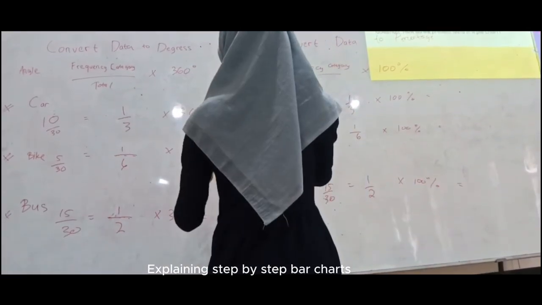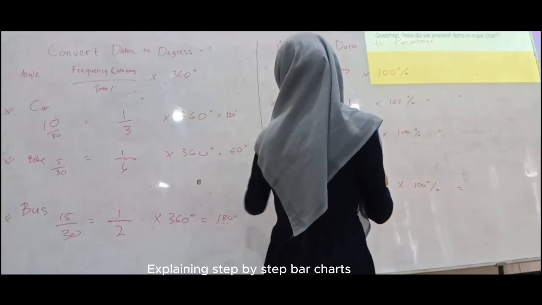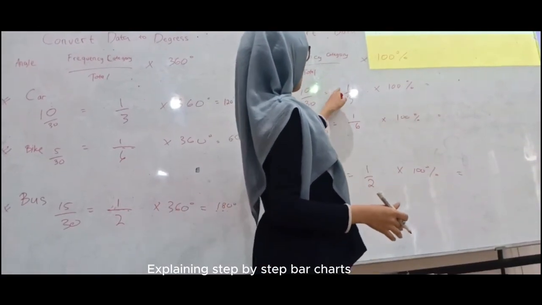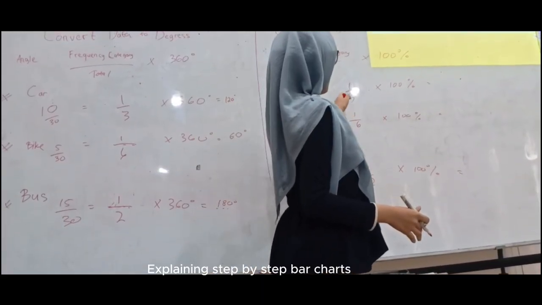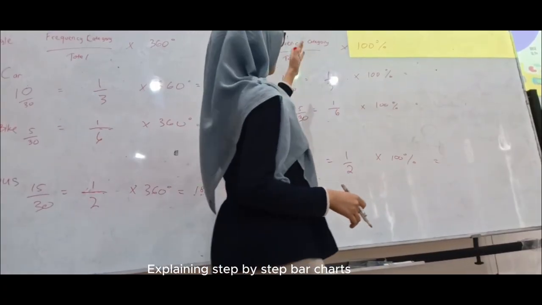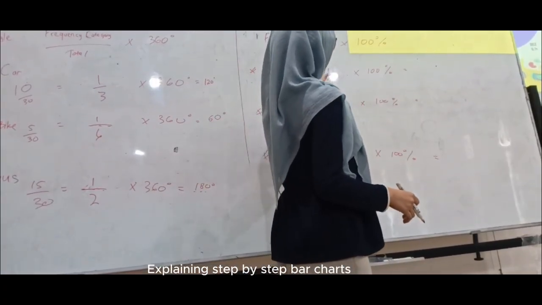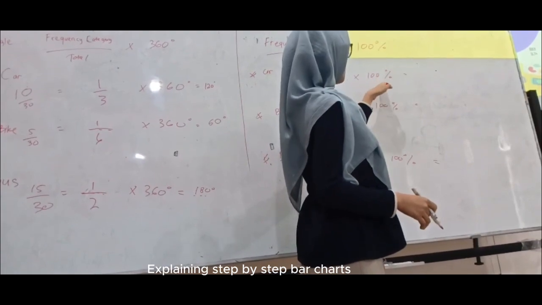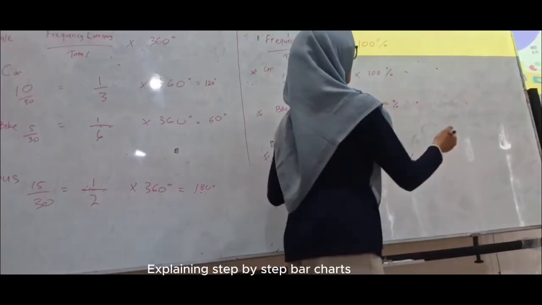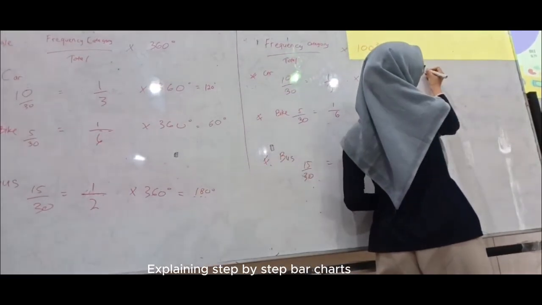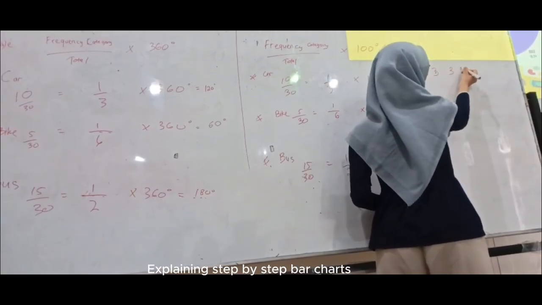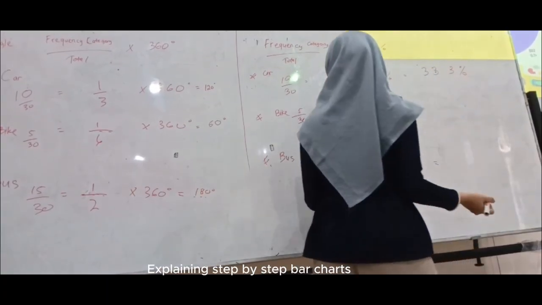We know about this information, 10 over 30 is 1 over 3, times 100% is 33.3%. Right.